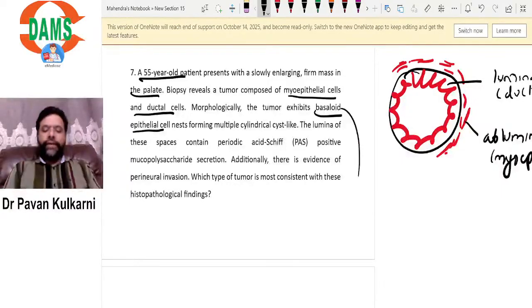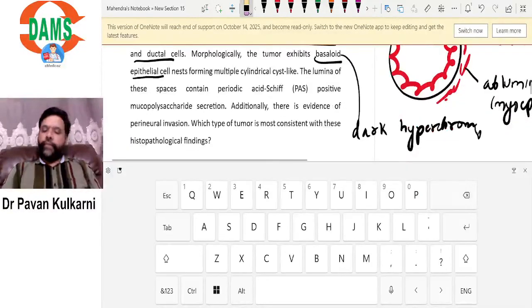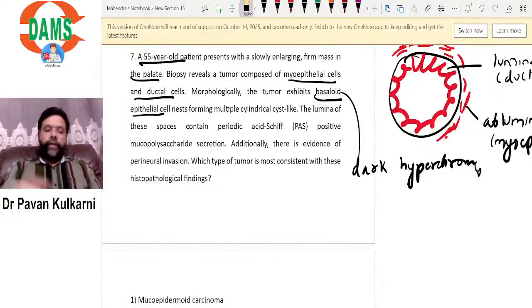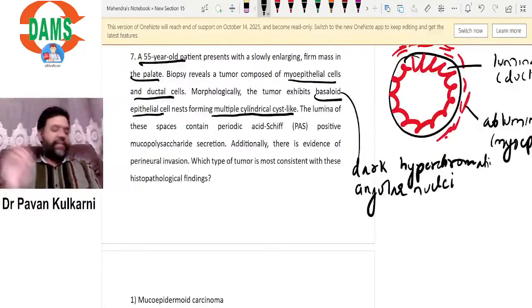A basaloid cell will have a dark, hyperchromatic, angular nucleus. So this tumor is composed of basaloid cells forming cylindrical cyst-like spaces.